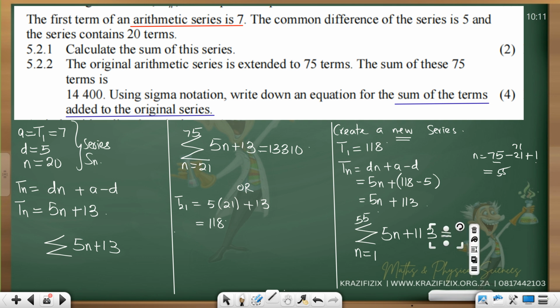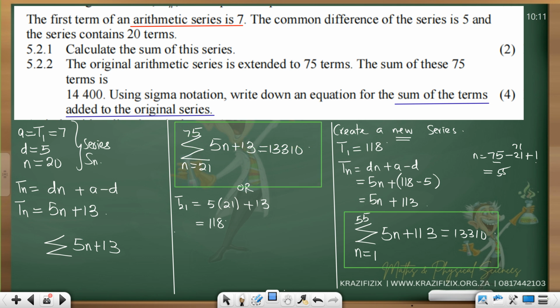And if you want us to prove it, I think we should prove it so that you can get a good understanding of what I just did. I want us to work this out to see if both of them would give us 13310. The idea is, where am I starting my count from? Oh, such a beautiful question.